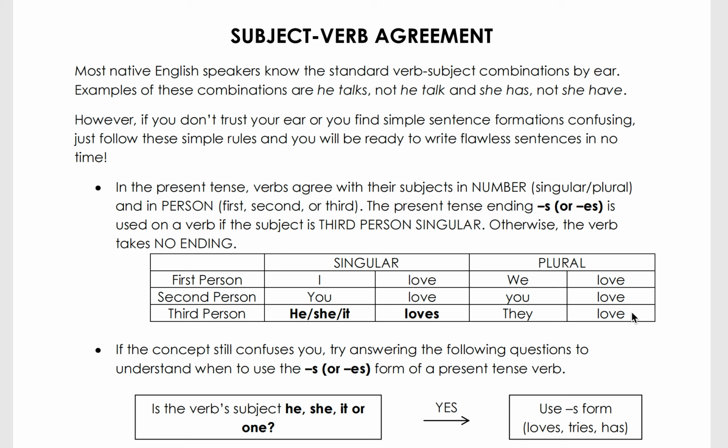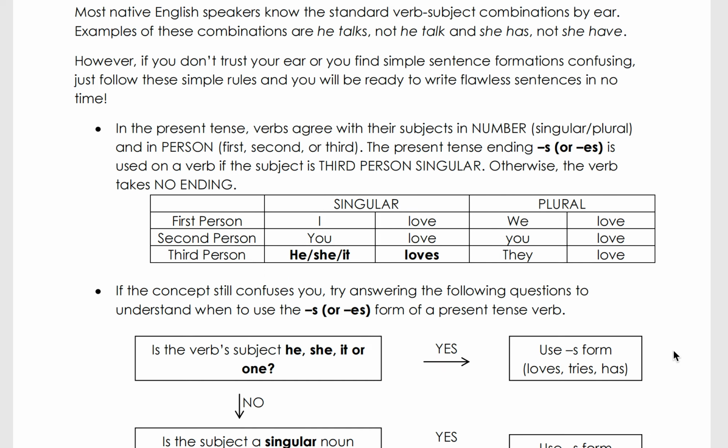Another thing that needs to be remembered is that the verb has to end either with s or with es. For example, for a verb with a consonant and y at the end, you change the y into i, then you add e and s, so it becomes tries.